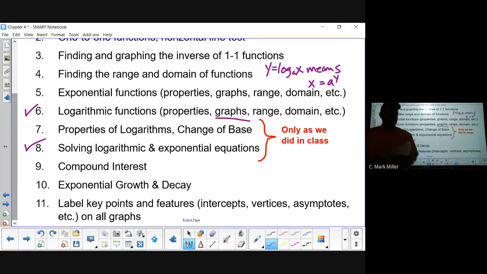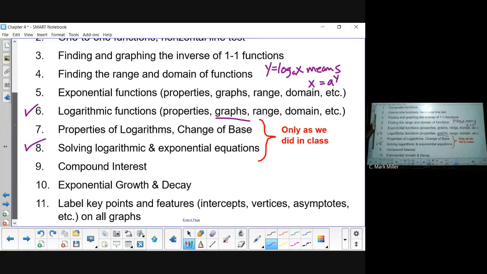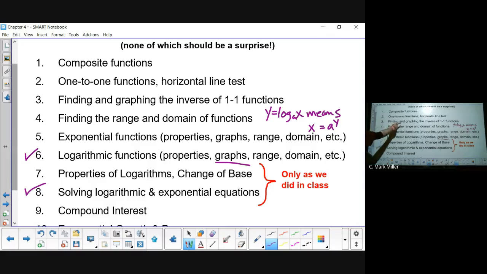Number 5, let's see here. This was finding inverse functions, finding the range and domain. So how do you find an inverse of a function?